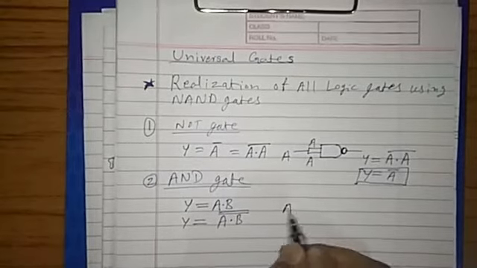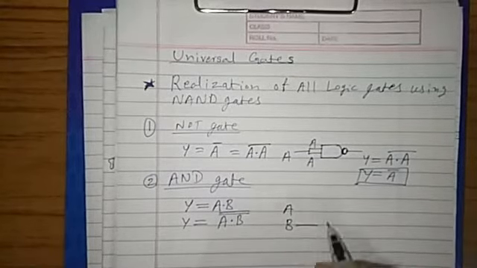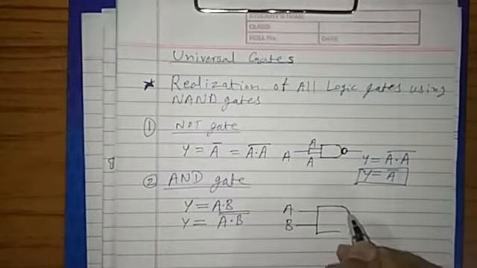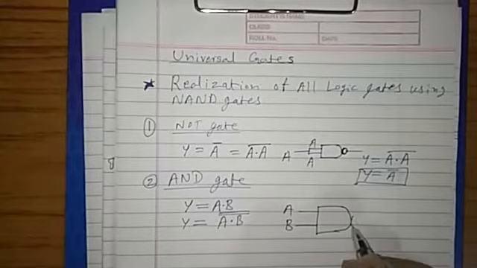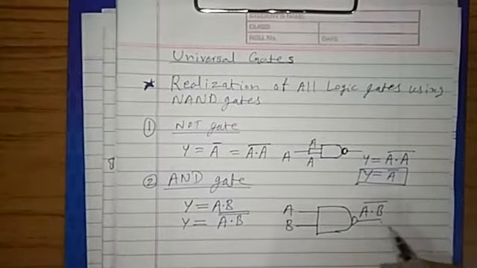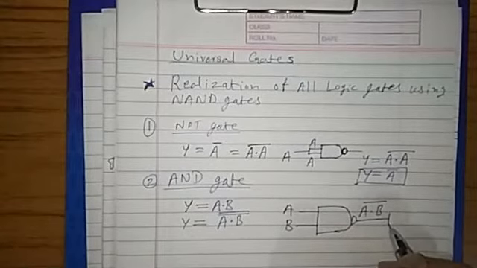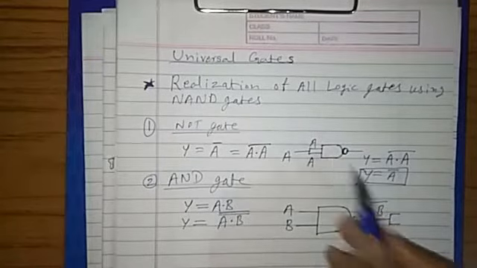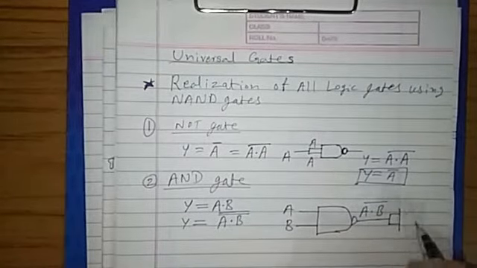Therefore A and B both are connected to NAND gate. Here it will be (A dot B) whole bar, and in front of this one NOT gate. This is how we have implemented NOT gate: short the inputs and connect it to NAND gate.